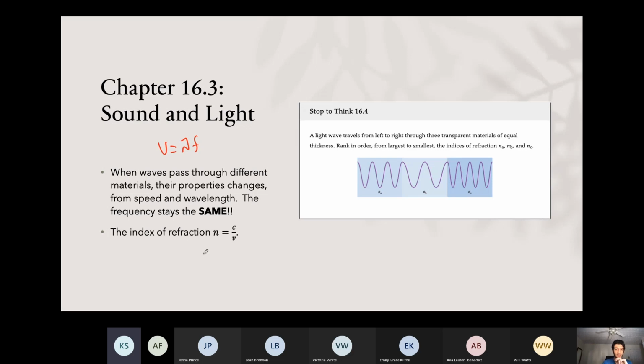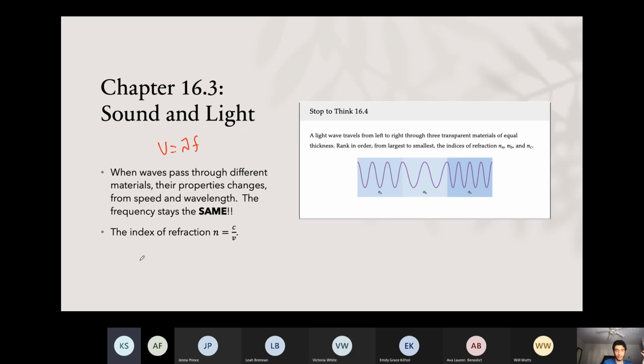And here comes something called the index of refraction, which is n, and n is equal to the ratio between the speeds: c, which is for light in vacuum or for sound in air, over v, the speed of the wave inside the new material.